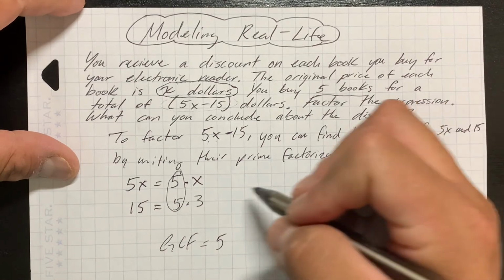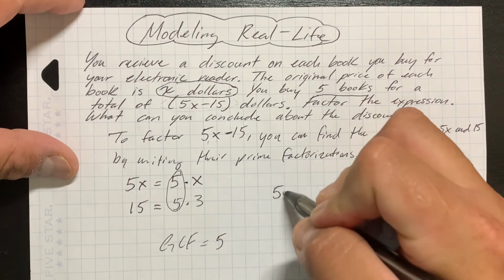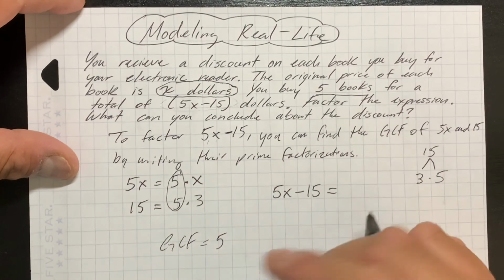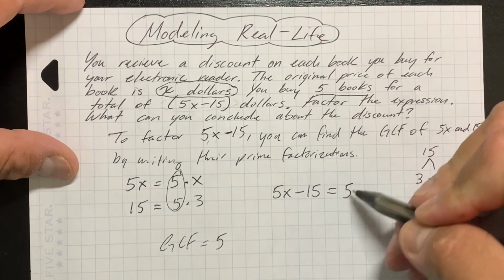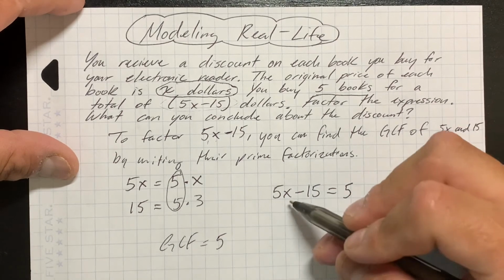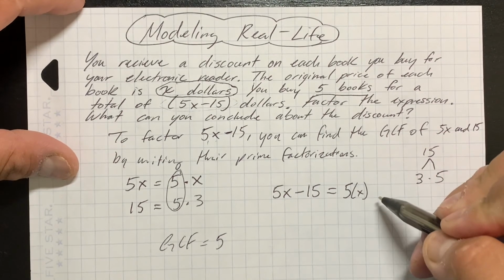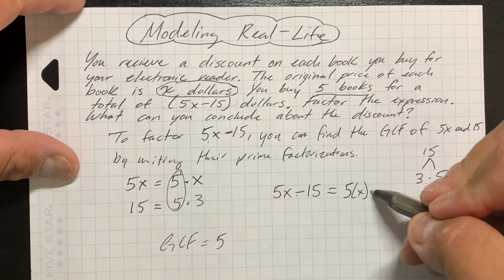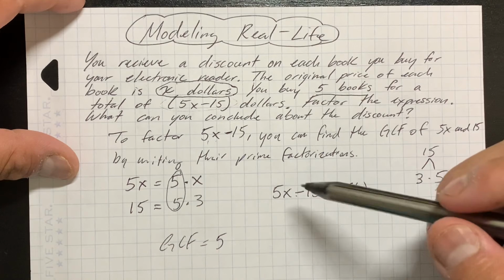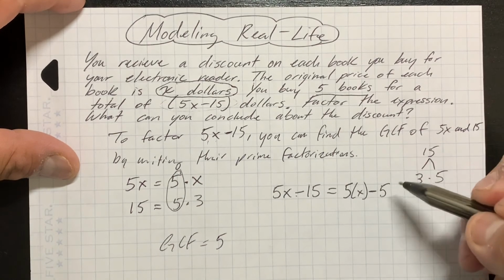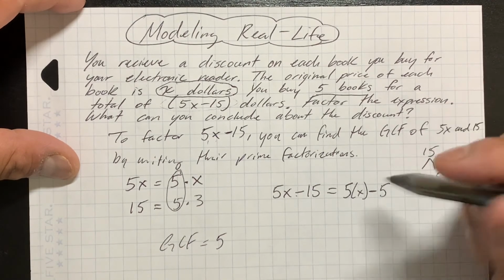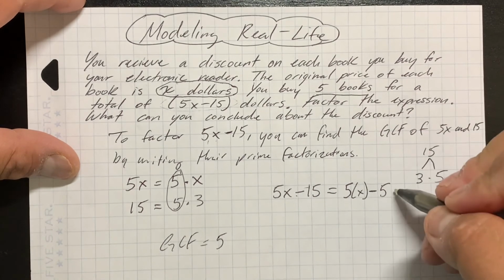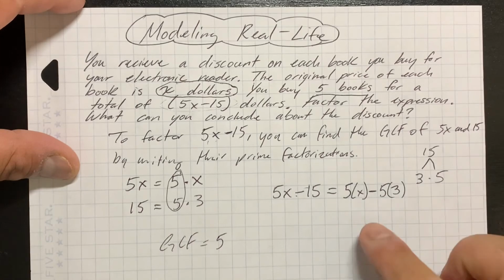The original problem was 5x minus 15. Using the greatest common factor, I'm going to put 5 here. What can we multiply by 5 to make 5x? We just multiply by the variable x. Then I rewrite the subtraction symbol here. And what can we multiply by 5 to make negative 15? Well, negative 5 times 3 is negative 15.